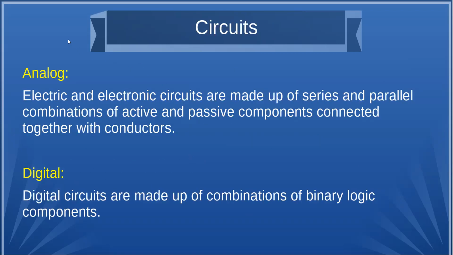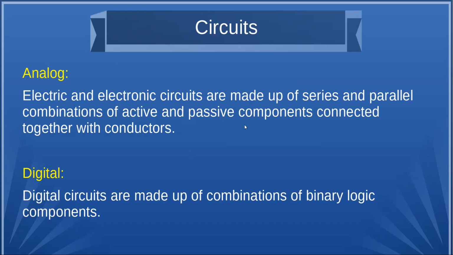Okay, so circuits. We kind of have two: analog and digital. We'll talk about digital in part 2. Analog circuits are made up of series and parallel combinations of active and passive components connected together with conductors.